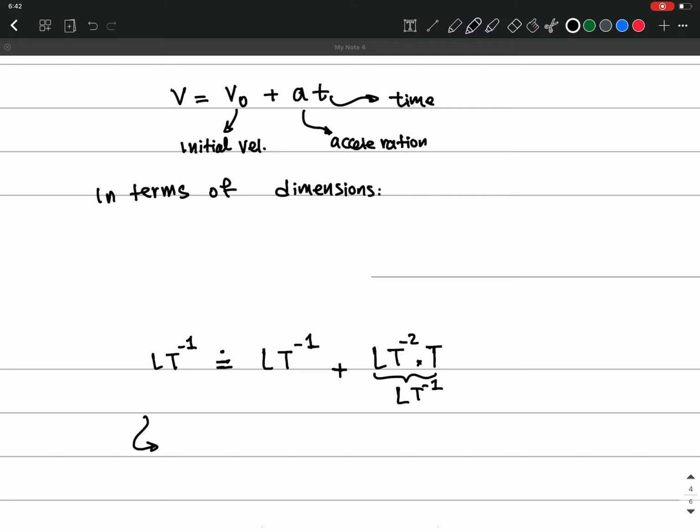So we conclude all terms have the dimension LT minus 1, and thus this equation is consistent and homogeneous.